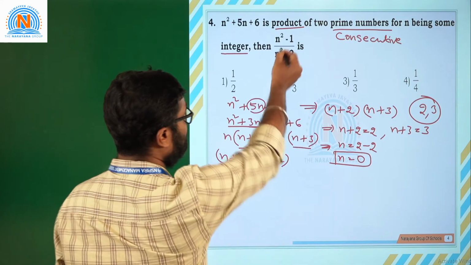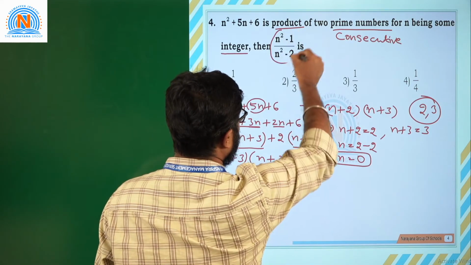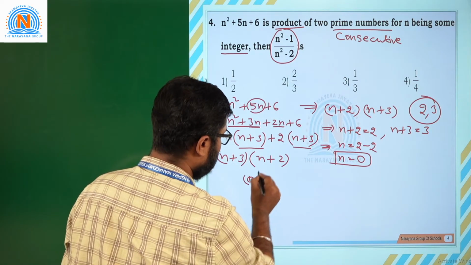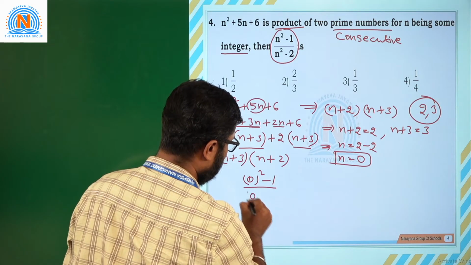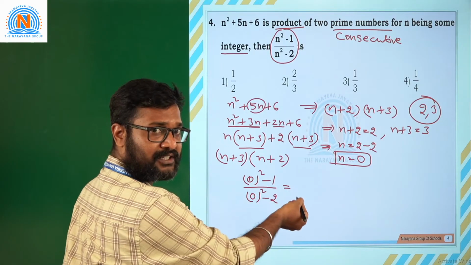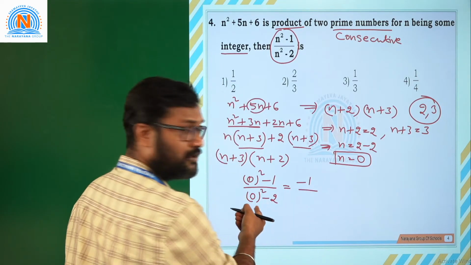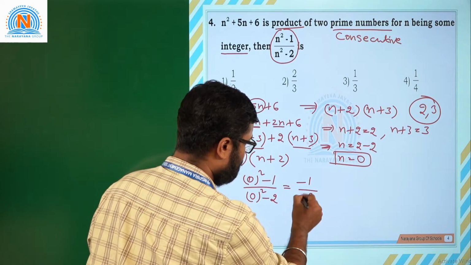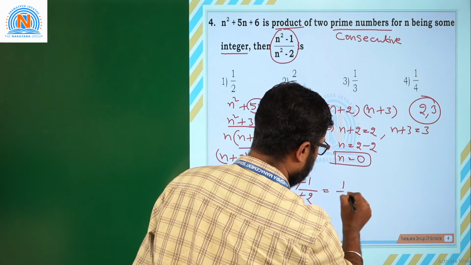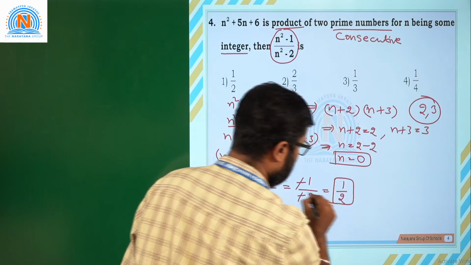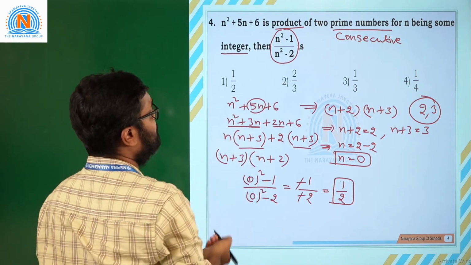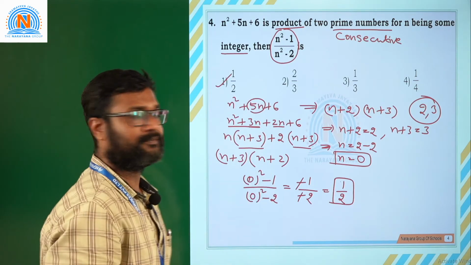So substitute this value in n square minus 1 by n square minus 2: 0 square minus 1 by 0 square minus 2 is equal to what, children? That is 0 minus 1, that is minus 1, and 0 minus 2, that is minus 2. So minus minus get cancelled, that is 1 by 2 is our answer. So 1 by 2 is the required answer and 1 is our option, isn't it?